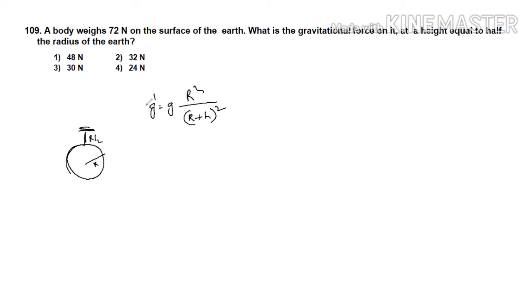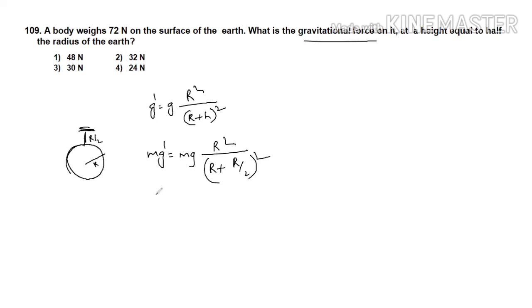As they are asking us to calculate the gravitational force on it, it is nothing but the weight only. So just multiply mass on both the sides. m g dash is equal to m g into R square divided by (R plus height, which is R by 2) whole square.